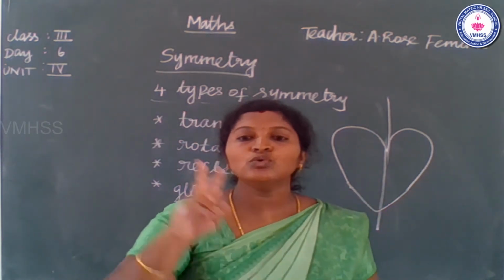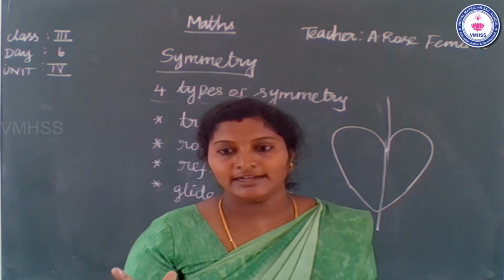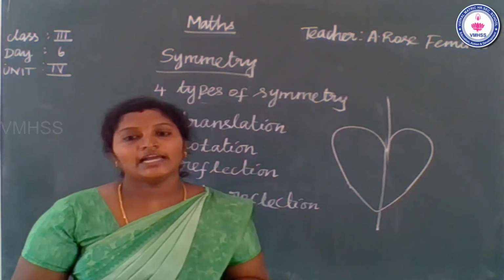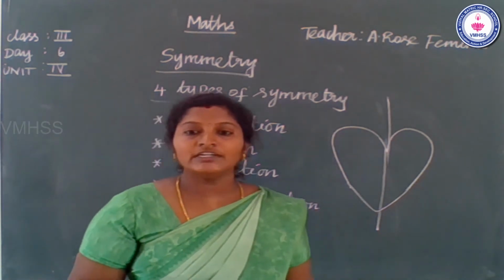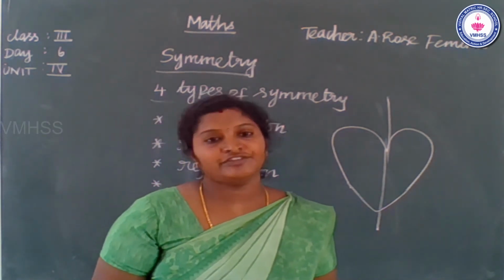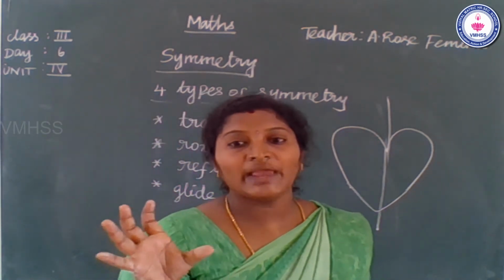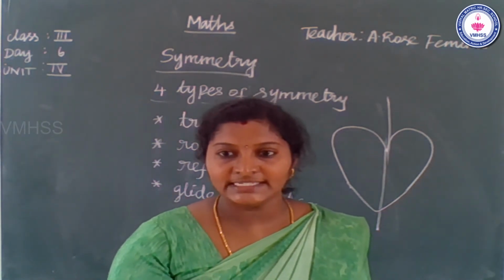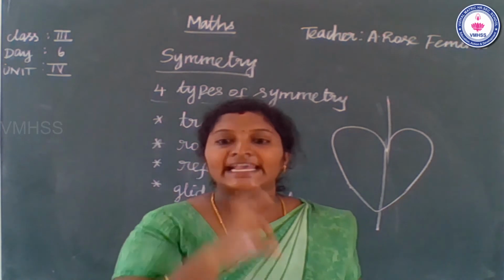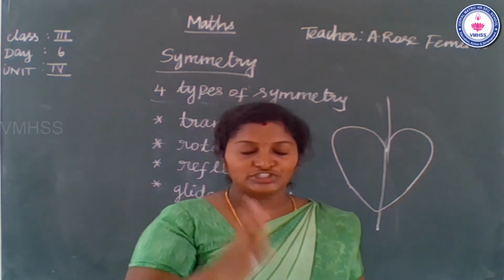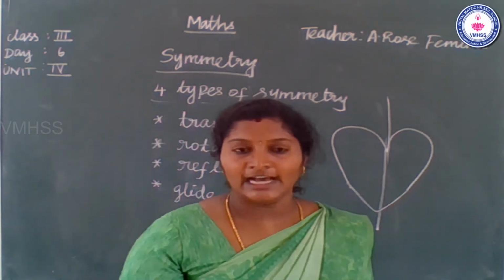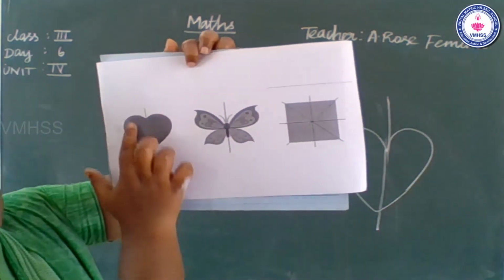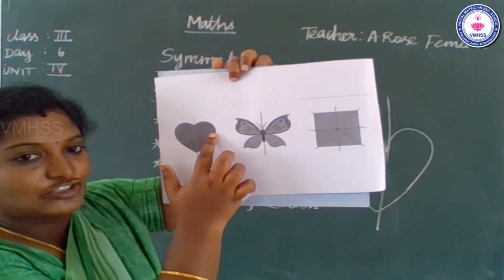For two objects to be symmetrical, they must be the same size and shape, with the object having a different orientation from the first. This is the main important point. One shape becomes exactly the other shape.